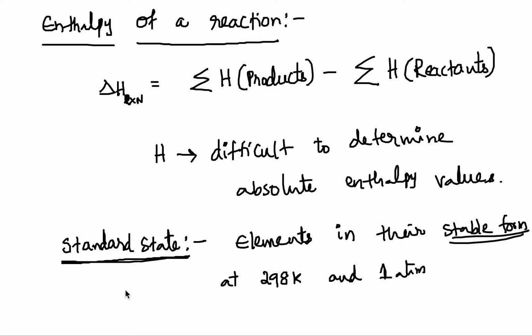So what was the assigned value for all elements? At standard state, that means the standard enthalpy of formation, how they are formed, the formation enthalpy, that is delta H f naught, is taken as 0 at standard state.